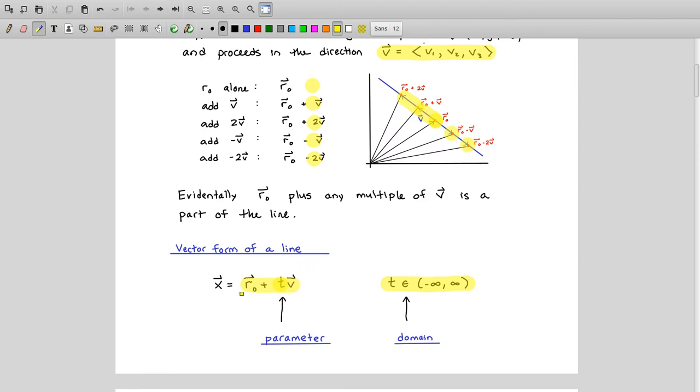So this is called a parametric form of a line. You have some point in the line plus a parameter times a direction vector, and then that parameter has a domain, typically ranging from minus infinity to infinity, though it could be a finite domain if you were talking about a line segment.